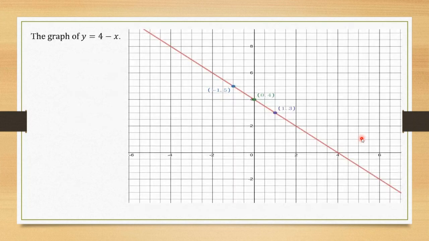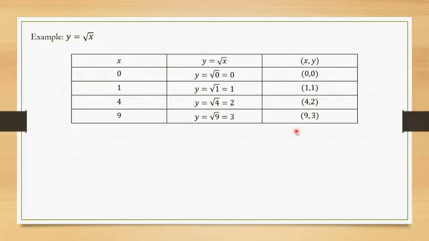Okay, here's another example. Sorry. Let's consider this now. Now, this graph you might not have seen before, although you might have, I don't know for sure, but anyway. So here we have our square root, right? We have y equals the square root of x.